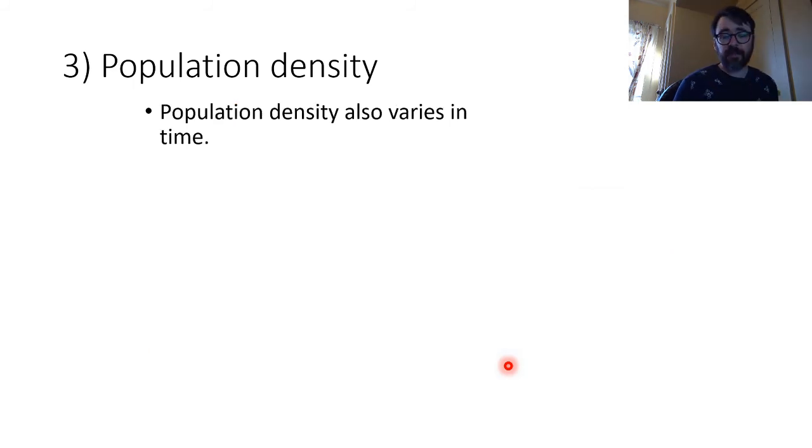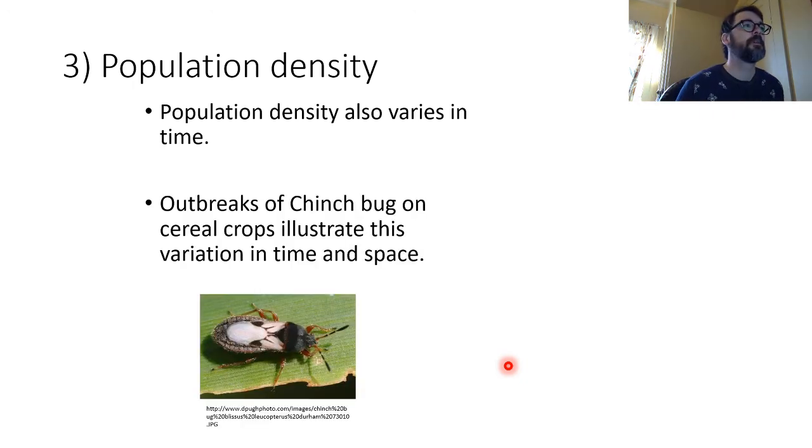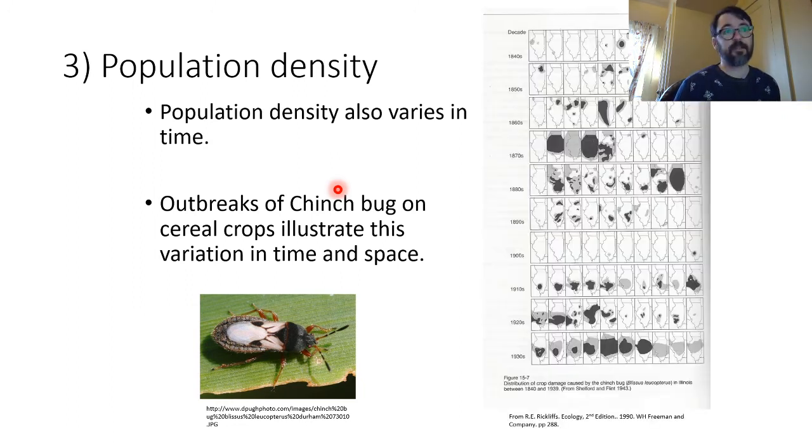But this density can also vary in time as well as in space at the same time. Remember, we have spatial and temporal continuity of populations, right? So here's some example. It was just the best sort of data I could find. There's a pest of cereal crops called the chinch bug. People have really good data on this because people care about the stuff that kills crops. So we've actually got year by year starting in the 1840s up to the 1930s.